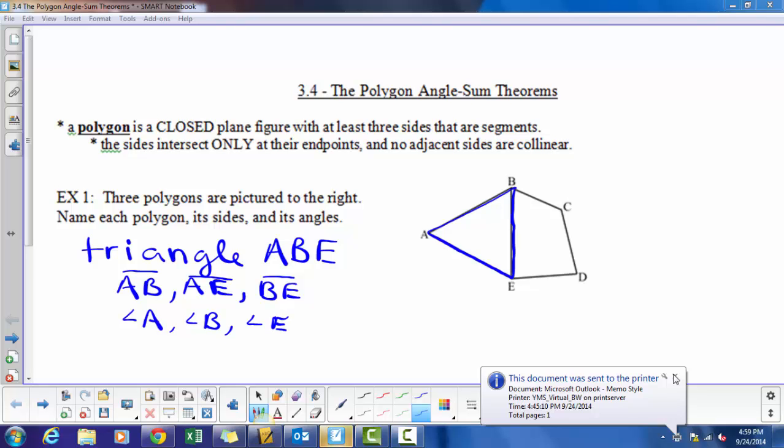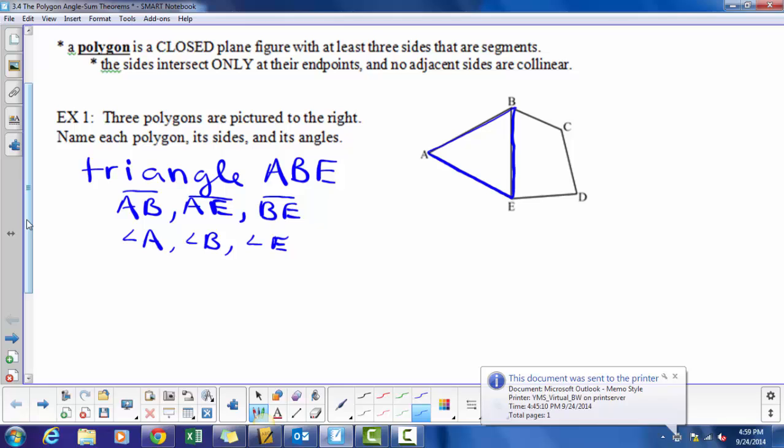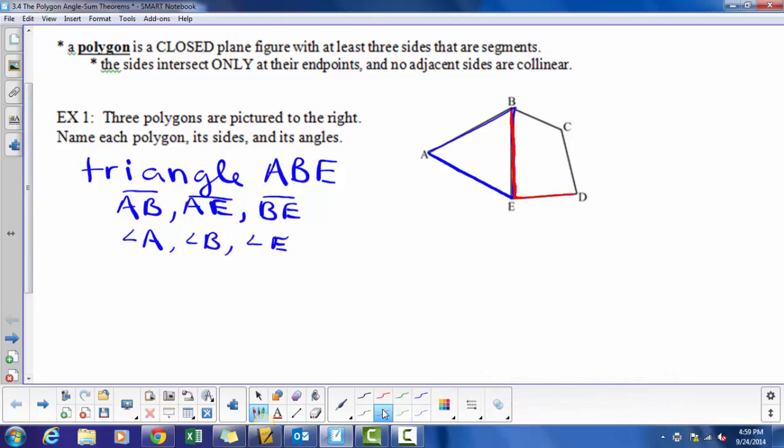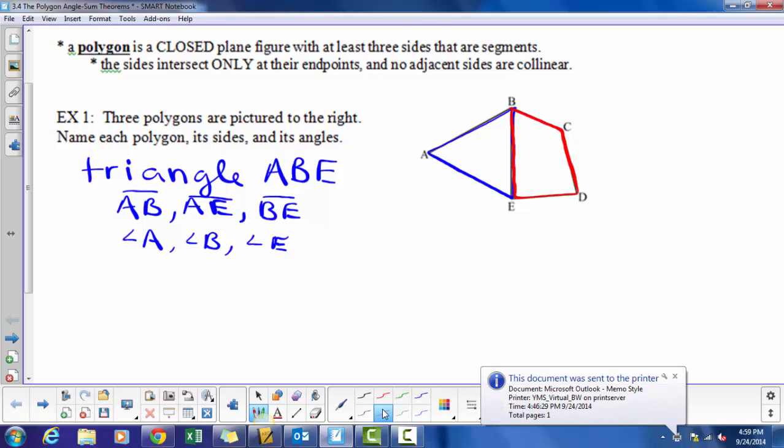Okay? Our second polygon to the right is a quadrilateral. So that's quadrilateral BCDE. Okay, so there's our quadrilateral.